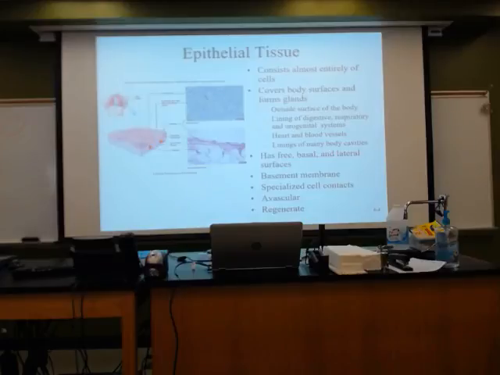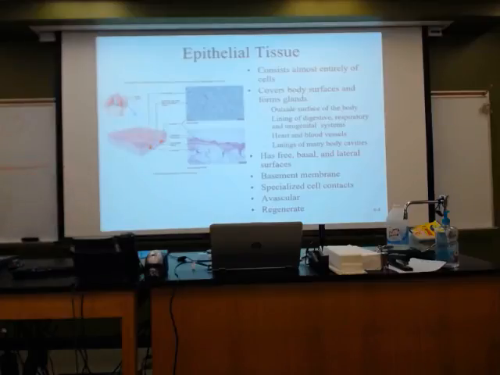Epithelial tissue, we're going to find it be attached to what's termed a basement membrane. Think about your skin, okay? Is your skin all saggy and hanging? No. It's kind of nice and in place, right?